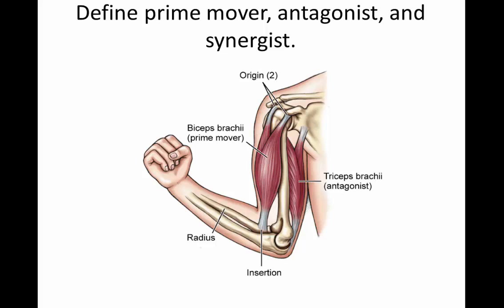Moving on to the term synergist, there's actually not a synergist found in this image here. But the prefix syn kind of means together. A synergist is a helper muscle that helps the same motion. We find these throughout our body, but they tend to be very small. For example, at the back of your knee, you have a muscle, the popliteus, which acts as a synergist to help in the flexion of your lower leg.